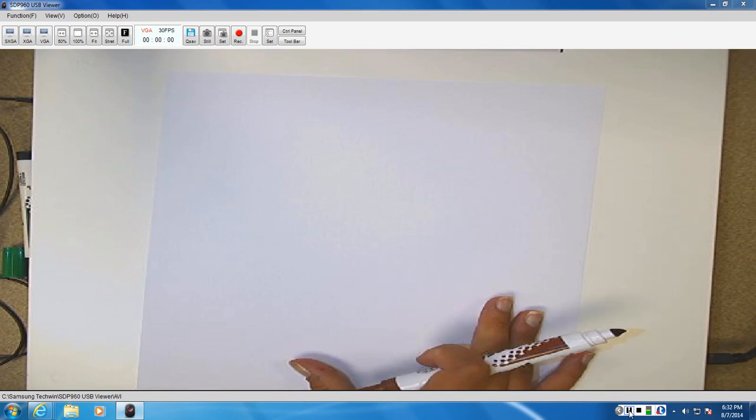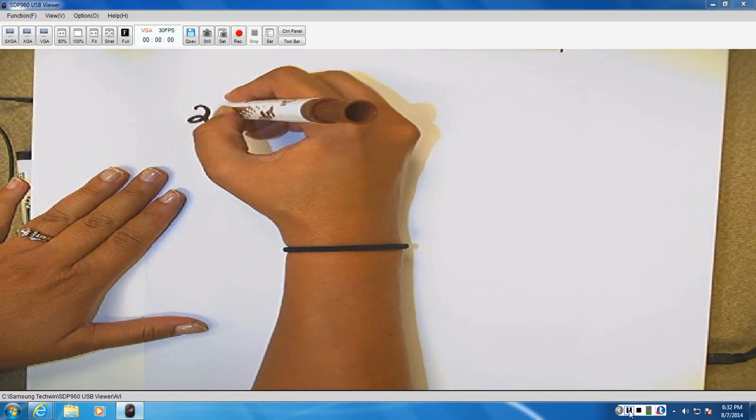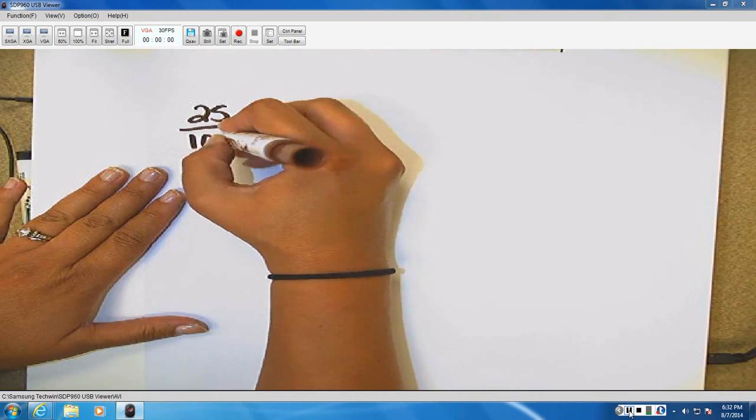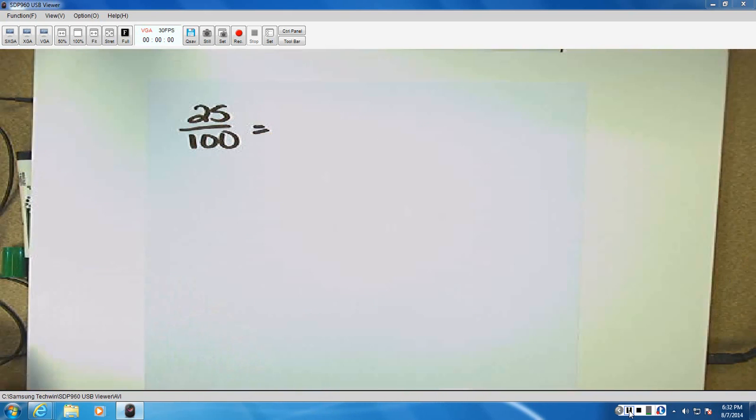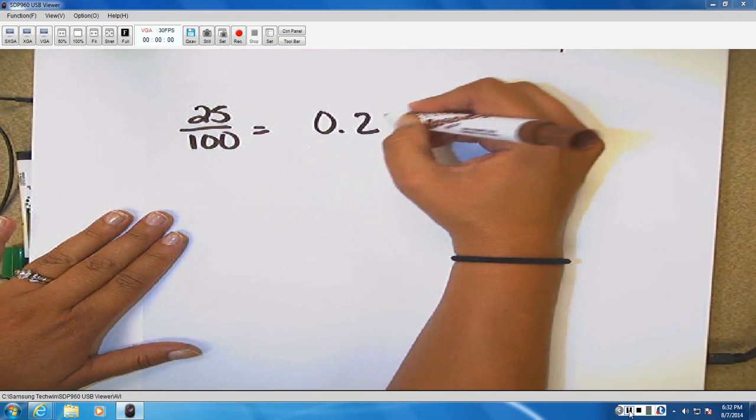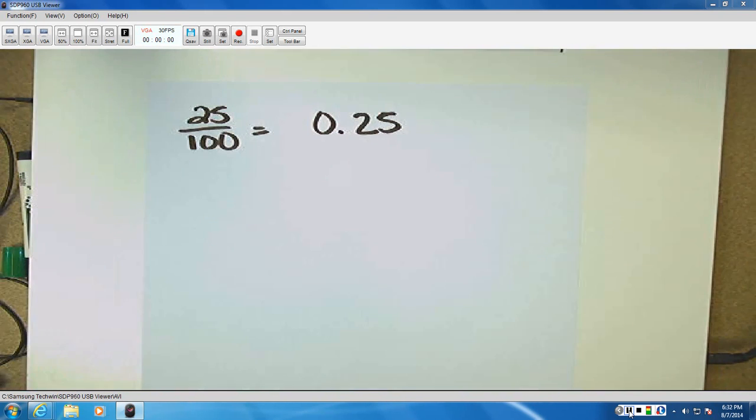So to do that, to set up your equation, you first take your 25% and you divide it by 100. So I'm just taking that 25 and I'm dividing it by 100, and when I do that, I get 0.25.